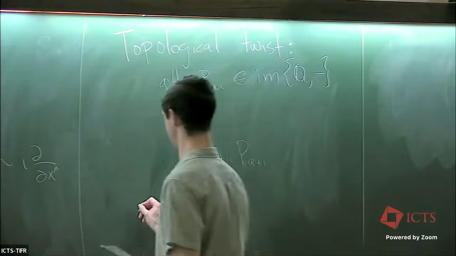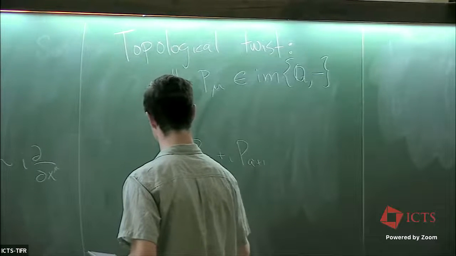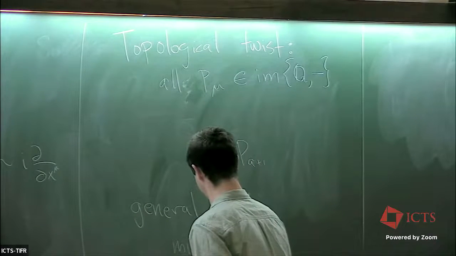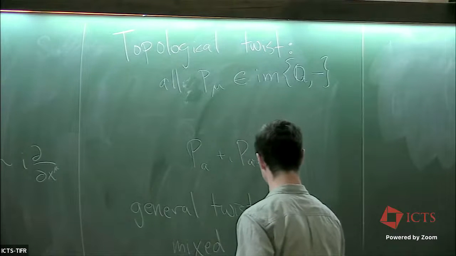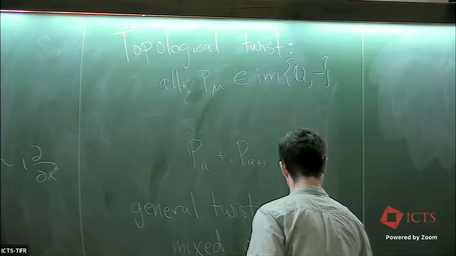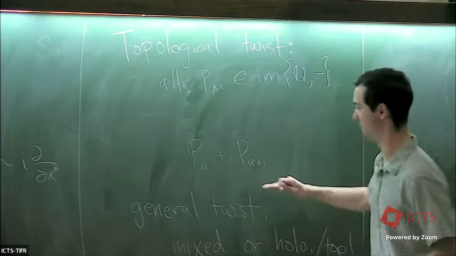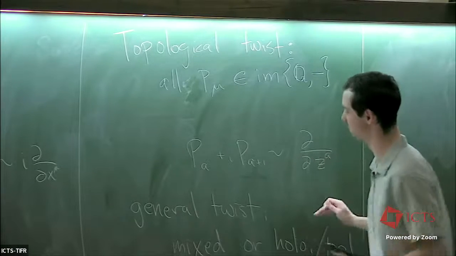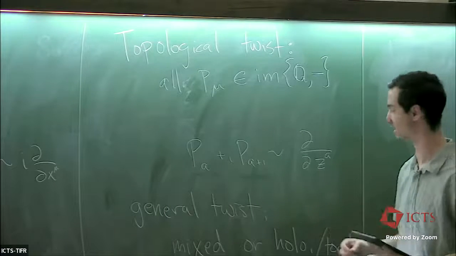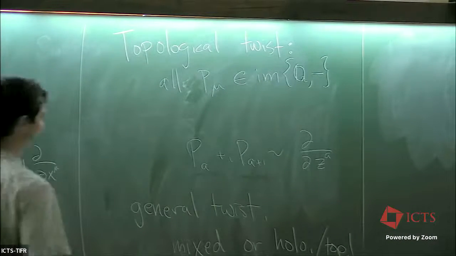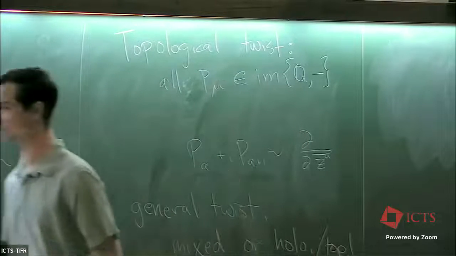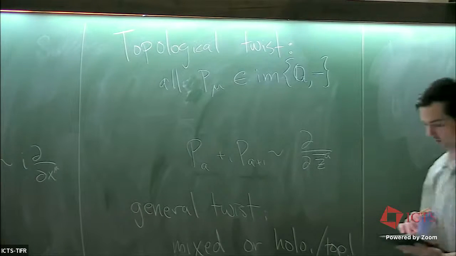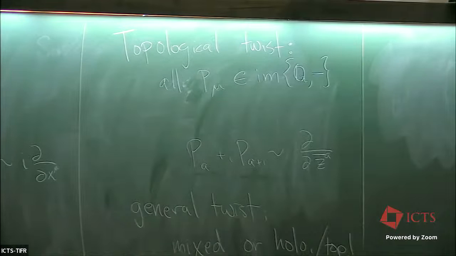And so a general type of twist is called mixed or holomorphic-topological. In particular, this looks like, up to a factor of i, d/dz̄_a, where z_a is like x_a plus i x_{a+1}. Sorry, there should be a bar there. So in the general case, you have a system that will be topological in some subset of directions and holomorphic in the last ones.